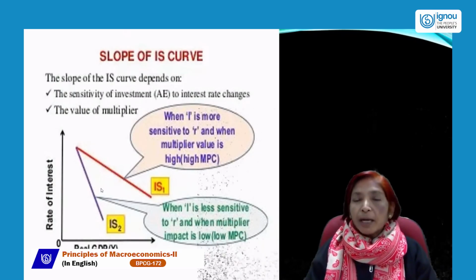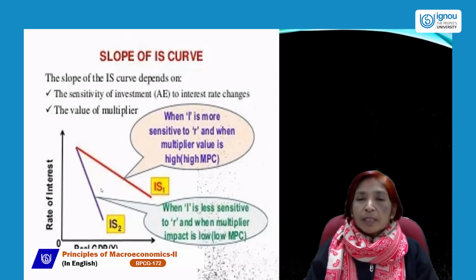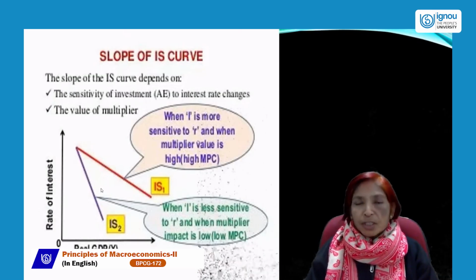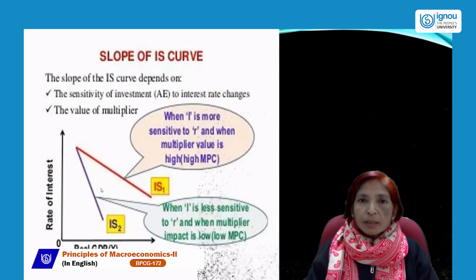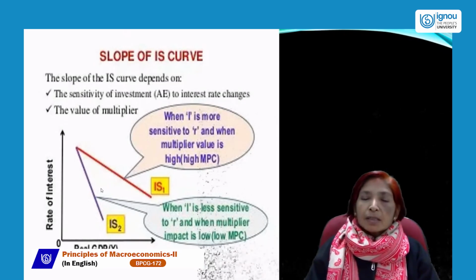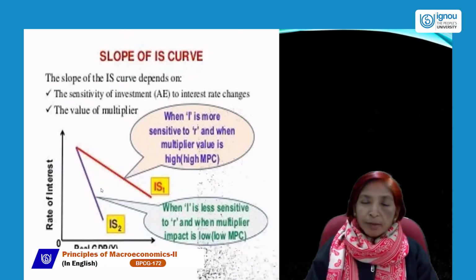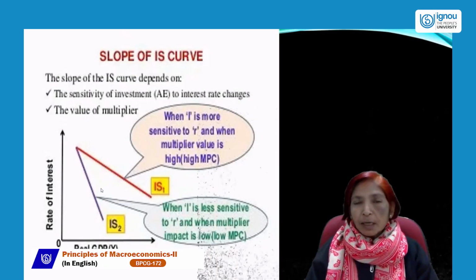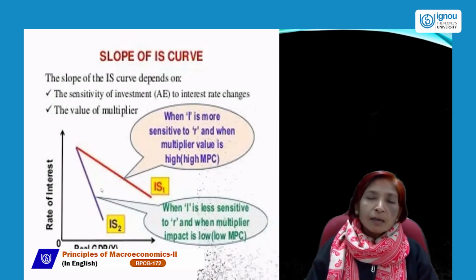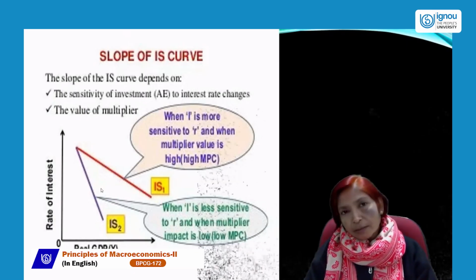What is the reason behind this? MPC is the marginal propensity to consume, the ratio of change in consumption to change in income. If our consumption increases, then definitely production will rise, employment will rise, investment will rise, and income will also rise by a multiple.